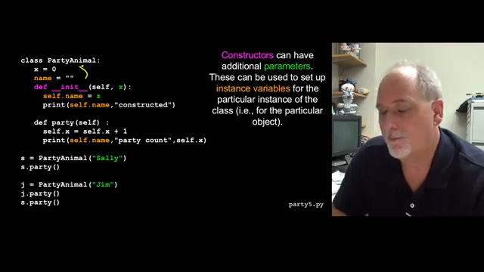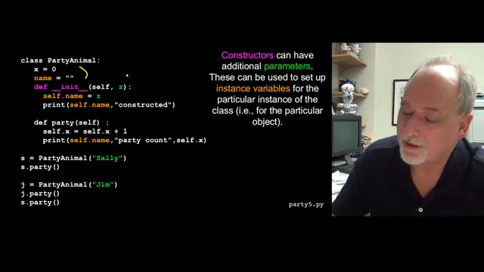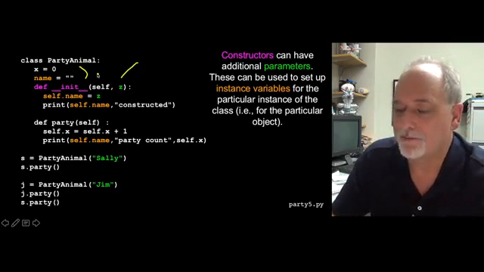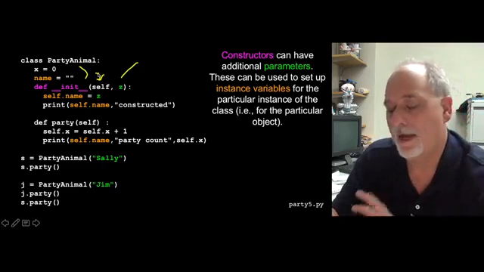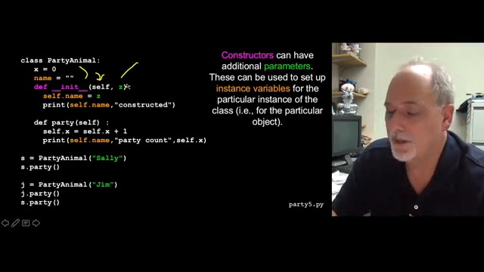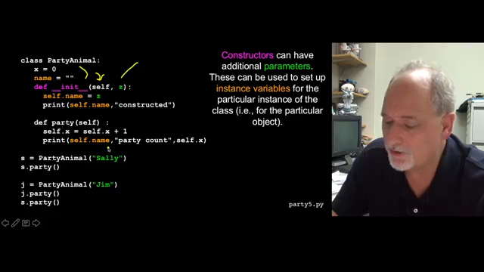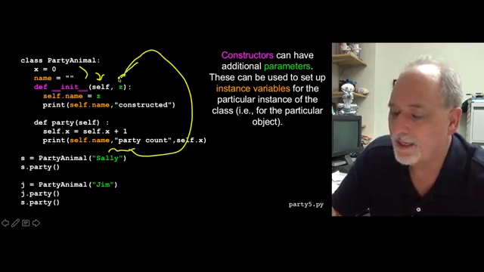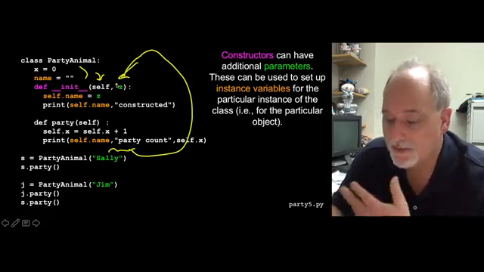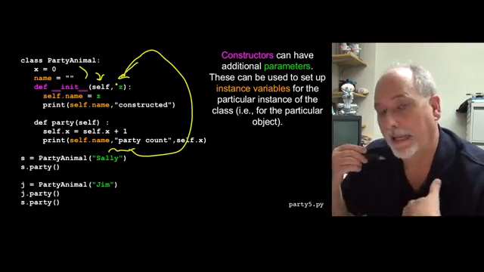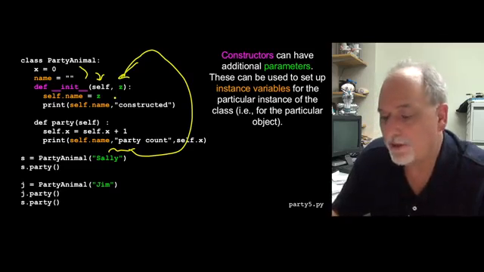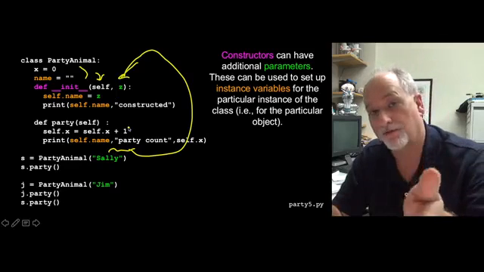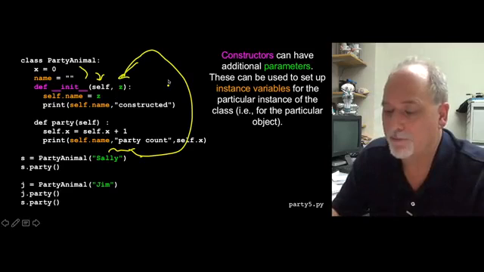And this time we're going to add a parameter onto the constructor. And so the self comes in automatically as the object is being constructed. But if we put a parameter on the constructor call, which is this party animal call, then this comes in as the z variable. And so self is the object itself, and z, this first parameter, is whatever parameter we put here. Everything we've done so far has no parameter here, but now we have a parameter here.